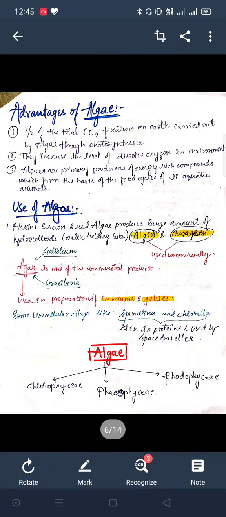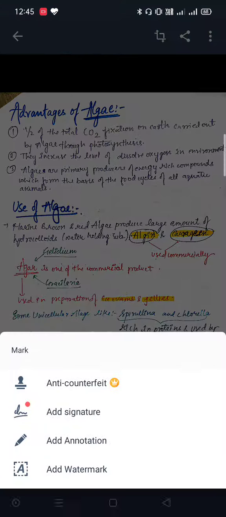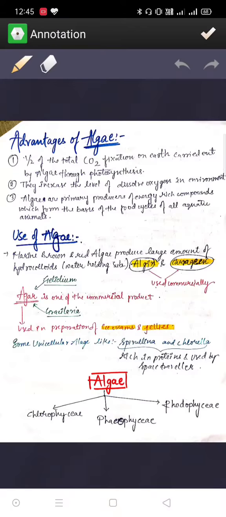Half of the carbon dioxide on earth is fixed by algae, and they increase the dissolved oxygen in the environment. They are the primary producers for the food cycle, and an energy-rich component for aquatic animals.